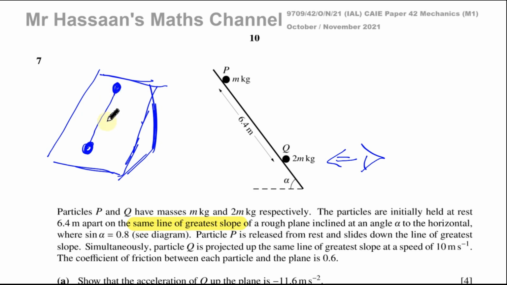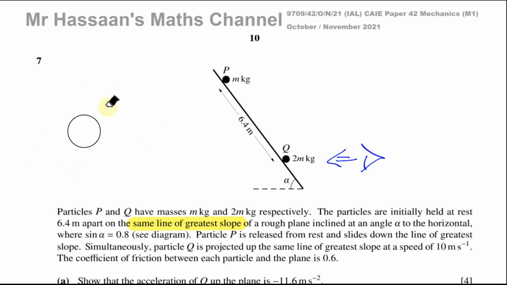The 6.4 meters is going straight up the slope. It's not 6.4 meters at an angle. It's the closest distance between them on this slope, the shortest distance it can be on the slope. That's what the line of greatest slope means.